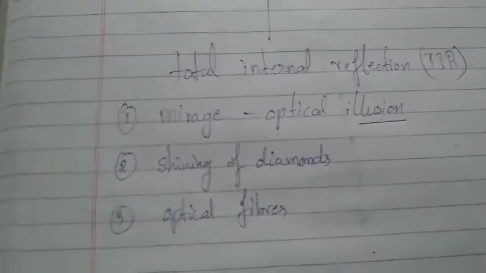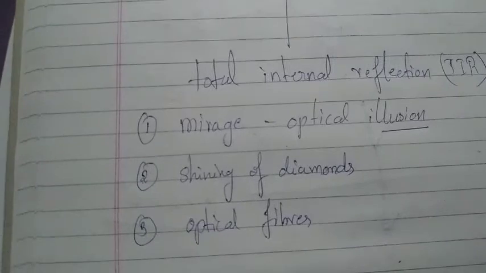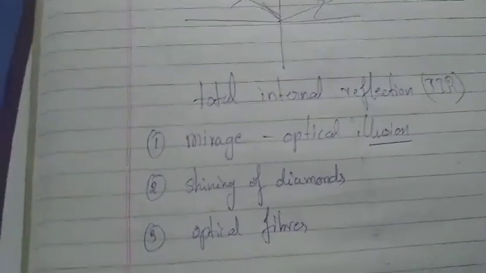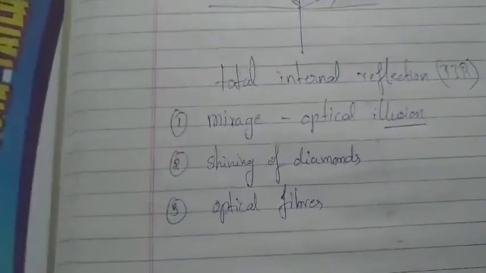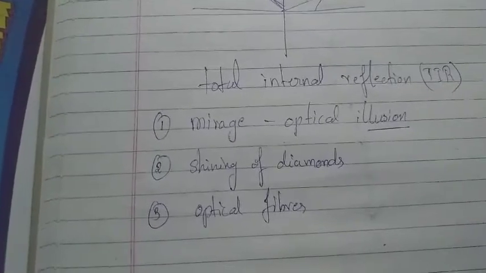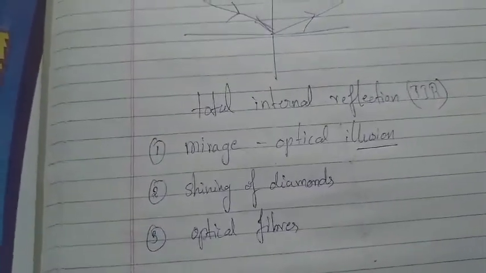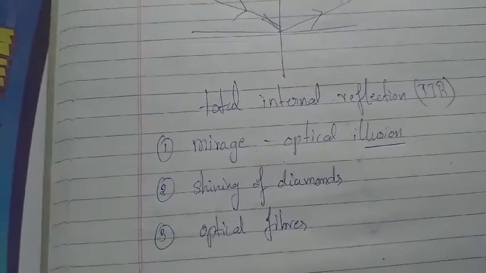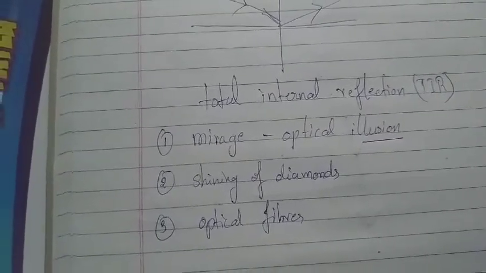It is an optical illusion. So it is an illusion. It's not real. It's just we feel like it's real, but it is not real. Like, on the road surface on a hot day, we can see the existence of water. When we walk along the road during summer, at the far distance of the road, we can find the existence of water.